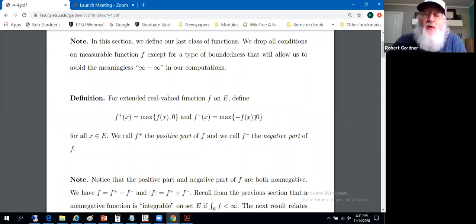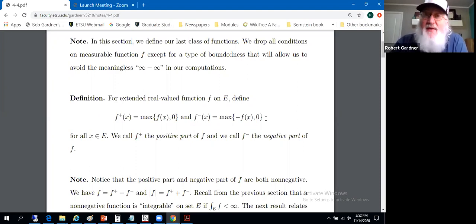When f of x itself is positive, then negative f of x is negative, and the maximum of those two is 0. So what we're doing here is kind of twofold. If you like, we're cutting off all the positive part, rounding that down to 0, and then introducing a negative sign and flipping it over about the x-axis, so that the positive part of a function is non-negative, and the negative part of a function is non-negative.